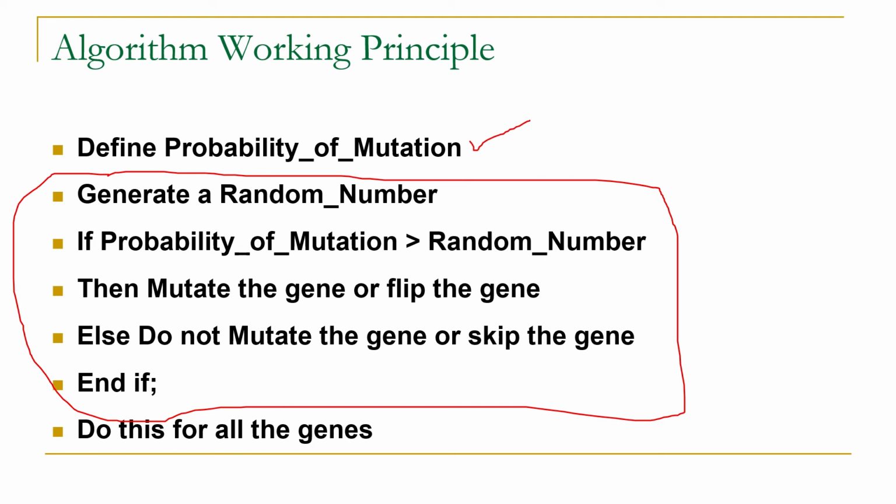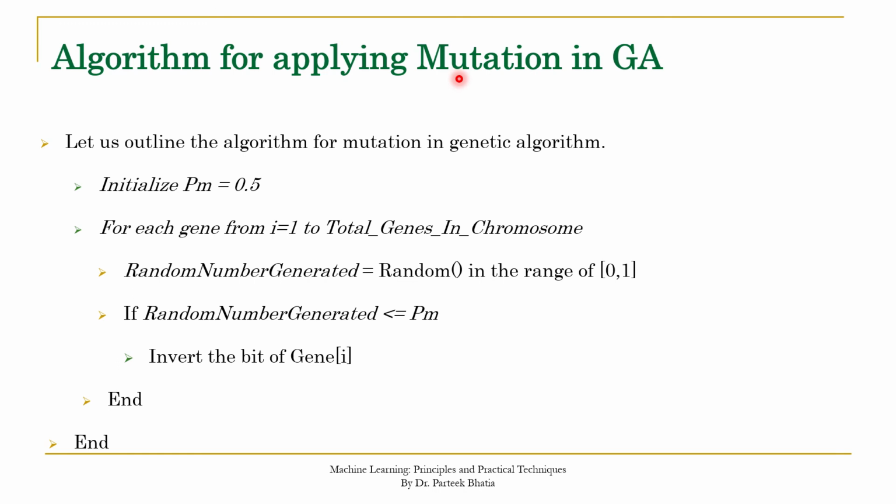Once we define it, then for each gene we have to generate a random number, and then a comparison between the probability of mutation and the random number is performed. If the probability of mutation is more, then it will be mutated, otherwise it will not be mutated. So this is the final algorithm to apply mutation in a genetic algorithm.